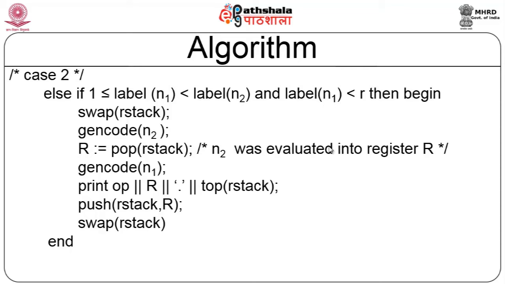Once I pop this register, I call gen code with n1. I then issue this particular command, operating on the interior node using the popped register and what is available at the top of the stack, and then push this register back onto the stack. Now the computation of n2 will be available in the topmost register. I swap these two contents to ensure that the topmost register always contains what is to be evaluated by the left child of a particular interior node.